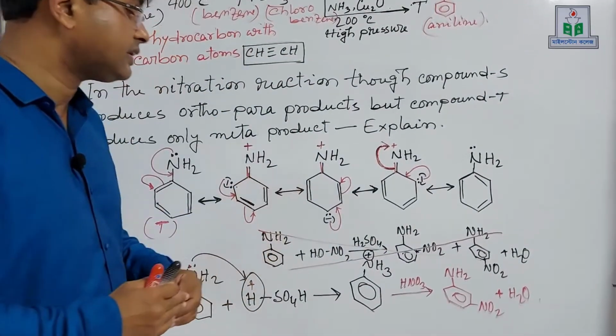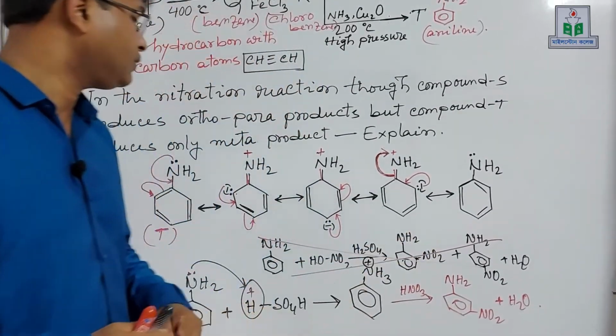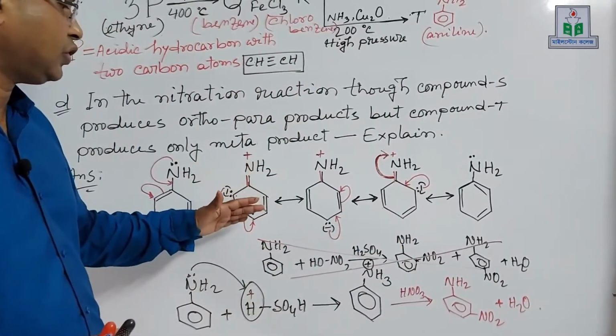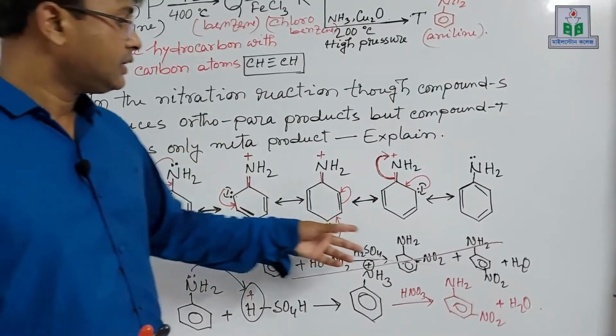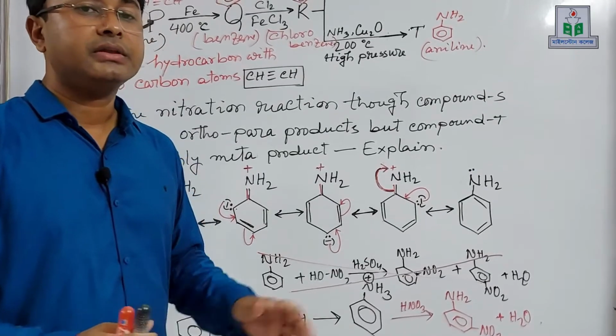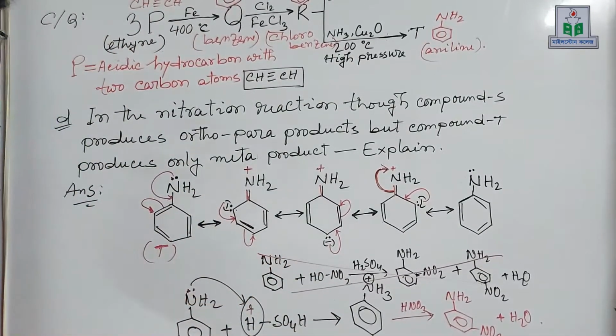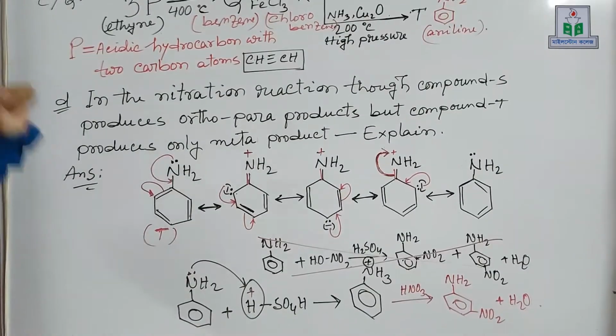This is the reason for the production of metanitroaniline, though it should produce orthonitroaniline and paranitroaniline. That's all about the answer of question number D.